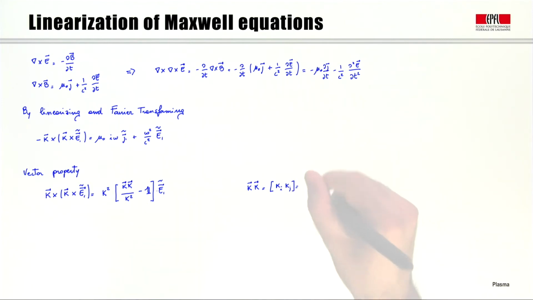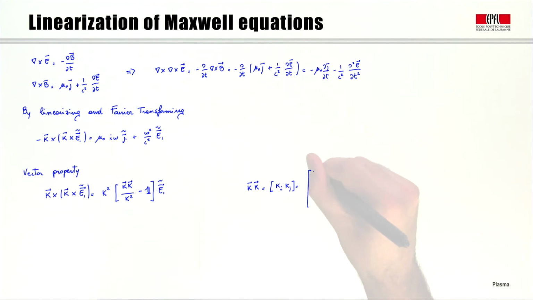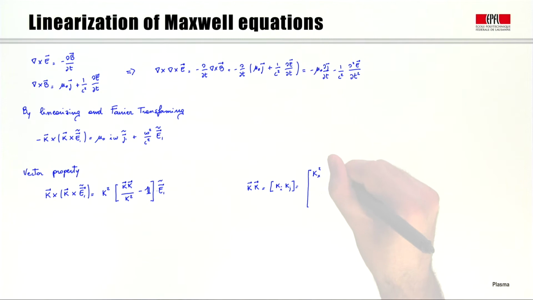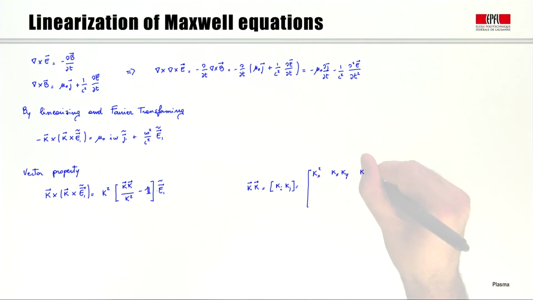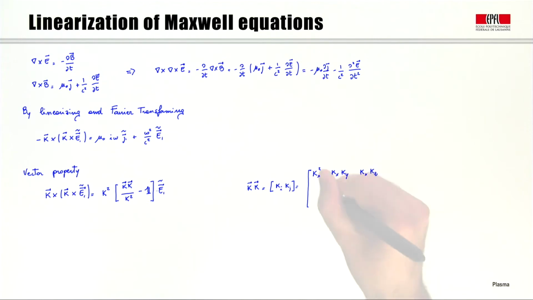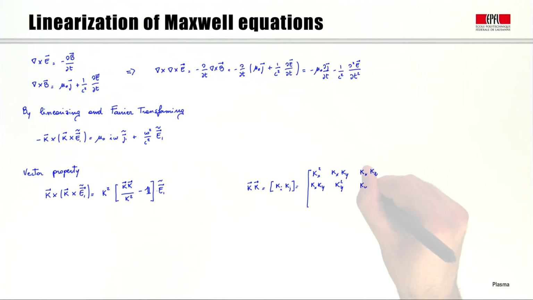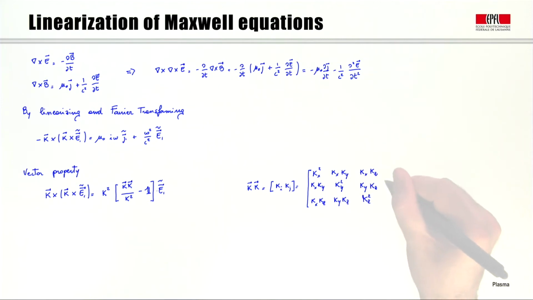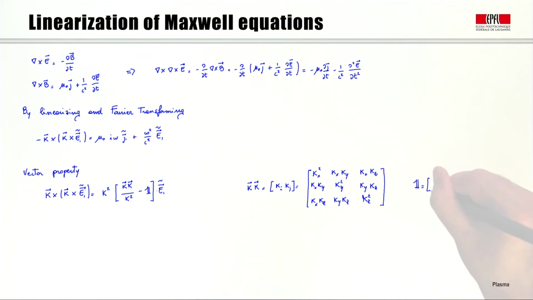Component by component, it's the matrix that has as ij element the value k_i k_j, which we can write using the x, y, z coordinates as kx squared, kx ky, kx kz, then ky kx, ky squared, and so on. And the unit dyad is the matrix that has the Kronecker delta as the ij element, that is the identity matrix.